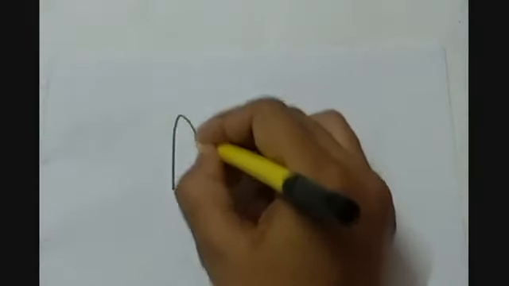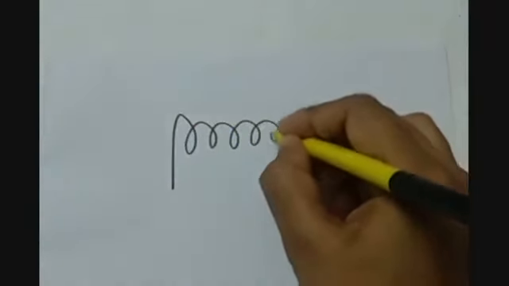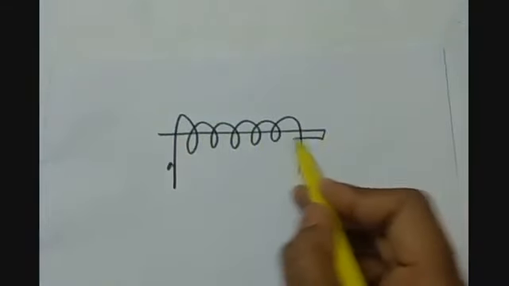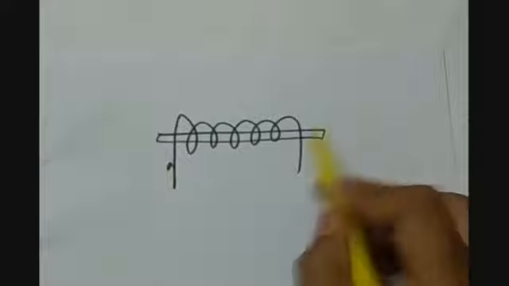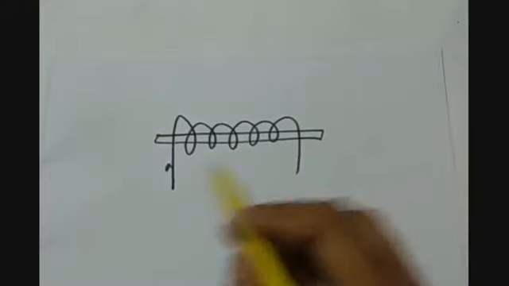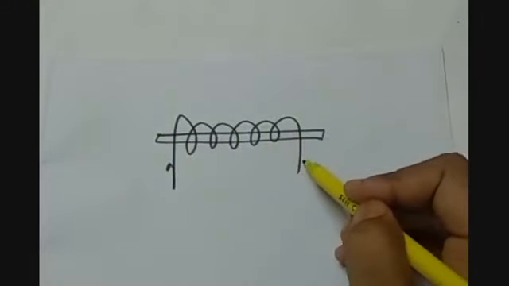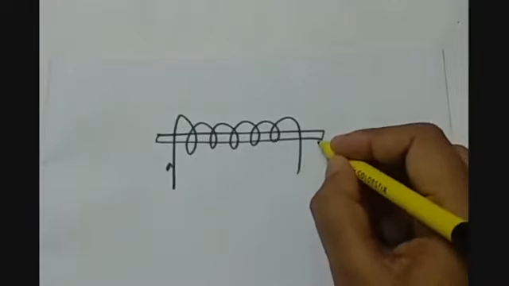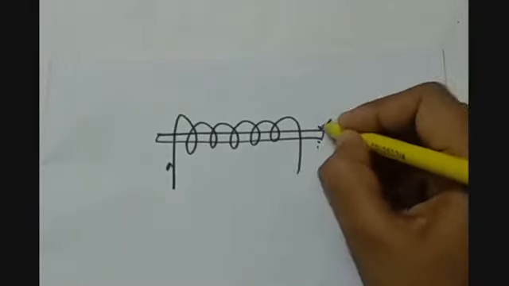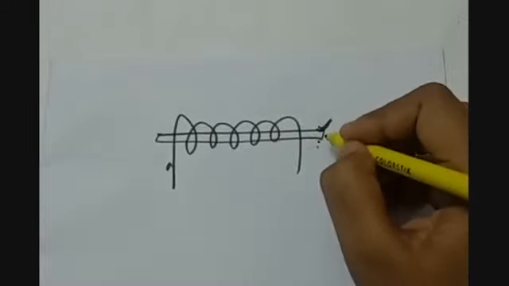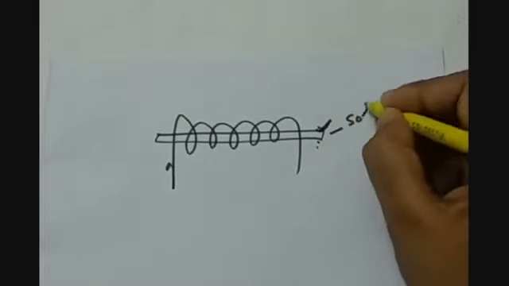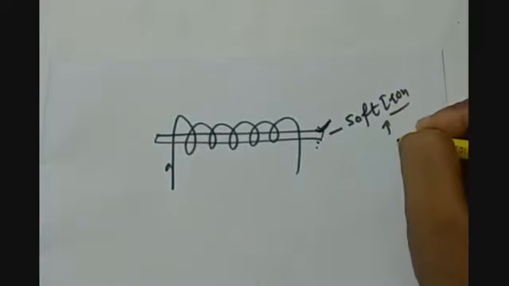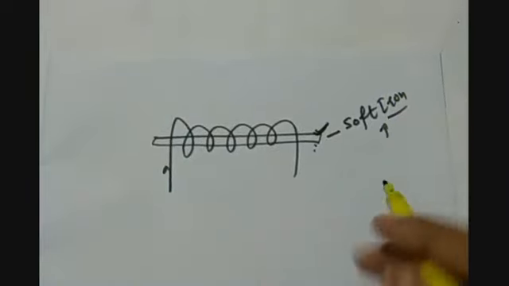So we have a solenoid having current in it, and when we place a soft iron core inside the solenoid and current is flowing, it produces a magnetic field because of which this material also gets magnetized. If it is soft iron, it will be easily magnetized and demagnetized.